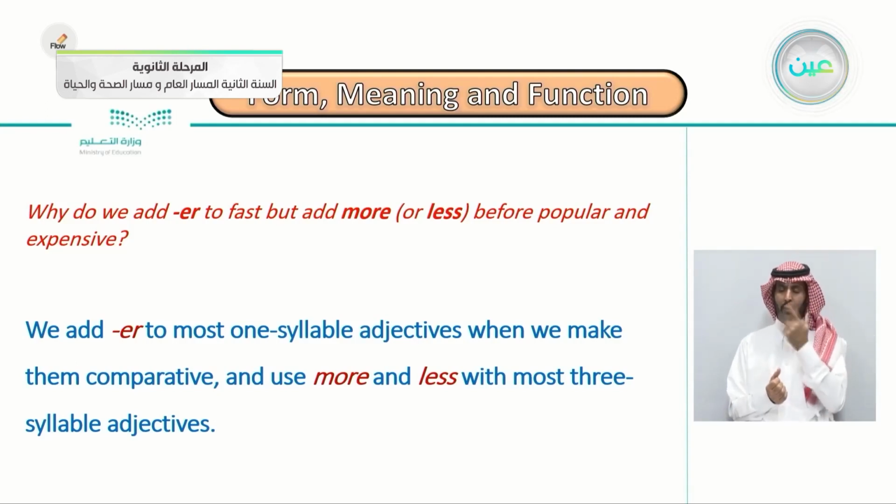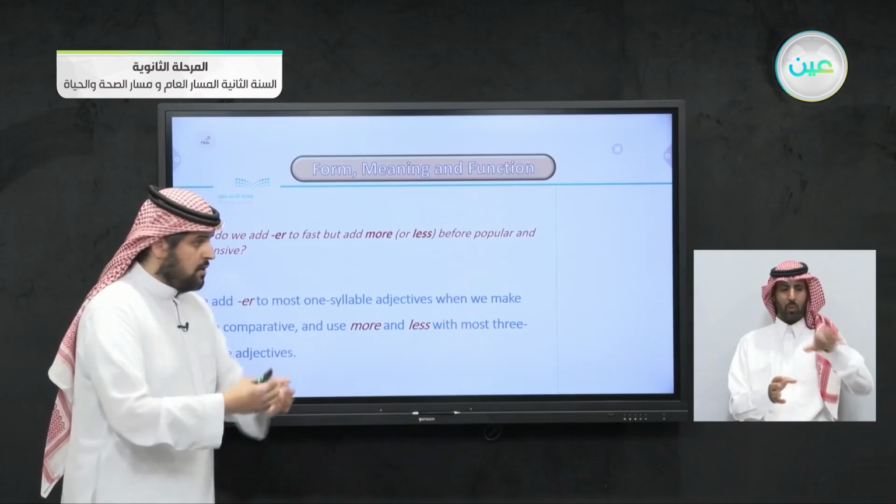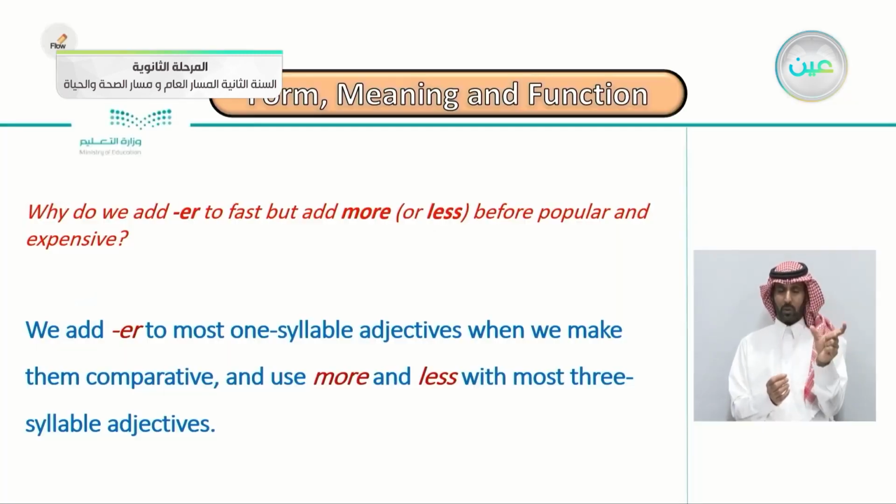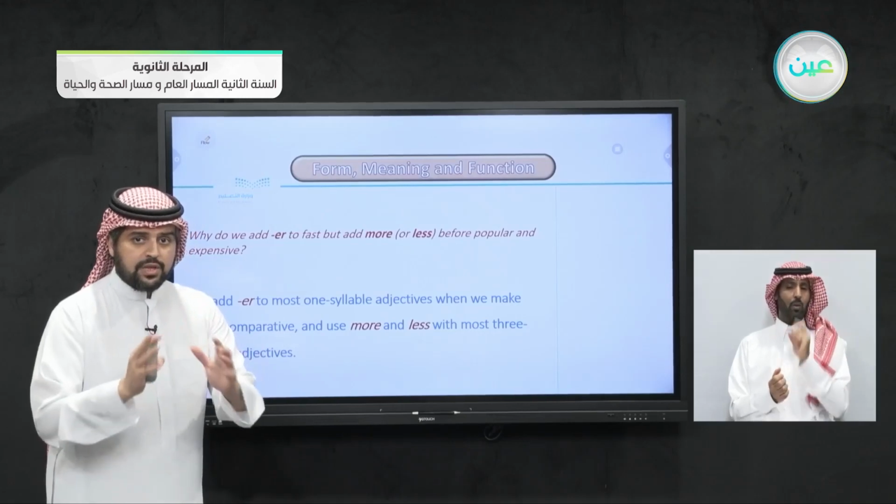You remember the word syllable, the part of the word, or maybe the whole word is just one syllable. We add er to most, not all, most one-syllable adjectives when we make them comparative, and we use more and less with most three-syllable adjectives. So again, we add er to one-syllable adjectives, and we add more or less with most three-syllable adjectives. So we choose according to the syllables.